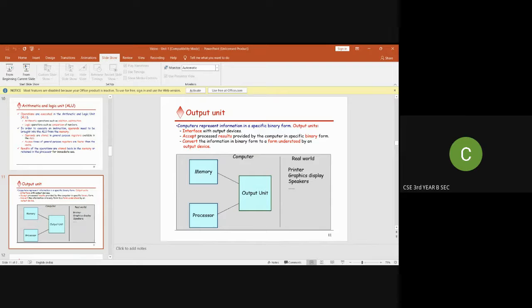So this output unit accepts the processed results provided by the computer in binary form and converts this binary information into a user-understandable format. The output unit gets the information either from the memory or the processor and it is displayed to the outside world.